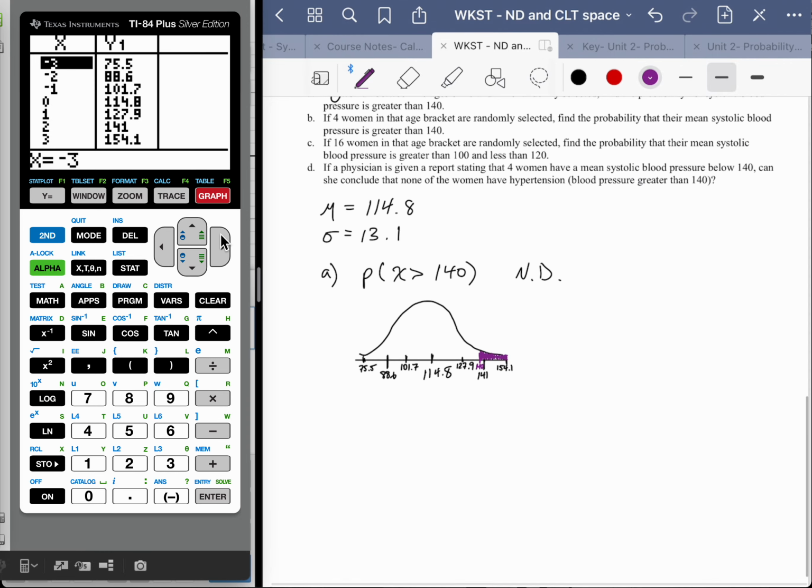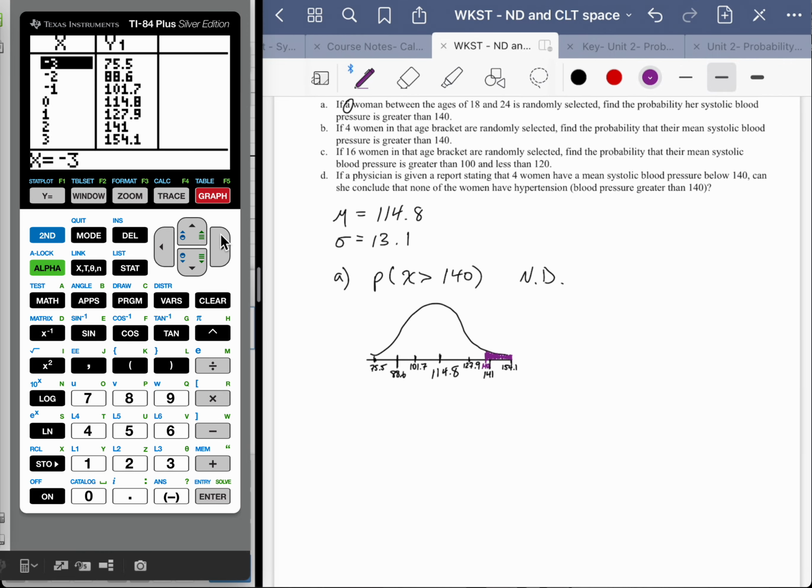All right. So now we do the math. The z-score corresponding with an x value of 140 would be 140 minus 114.8 divided by 13.1.